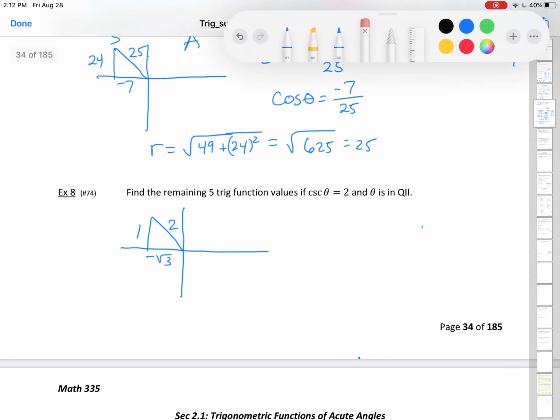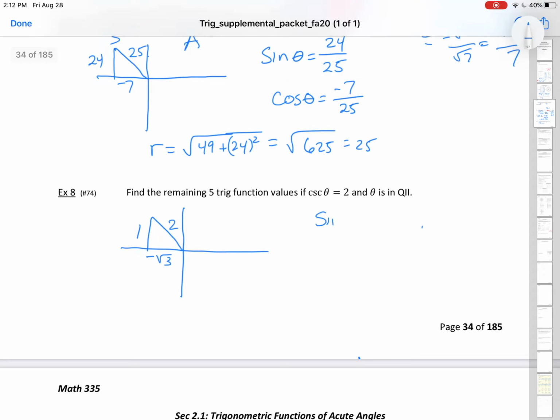Sine theta, y over r, or opposite over hypotenuse. Cosine theta, adjacent over hypotenuse, or x over r. Tangent theta, opposite over adjacent.